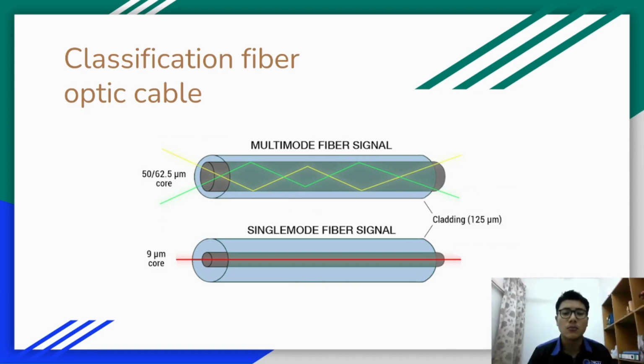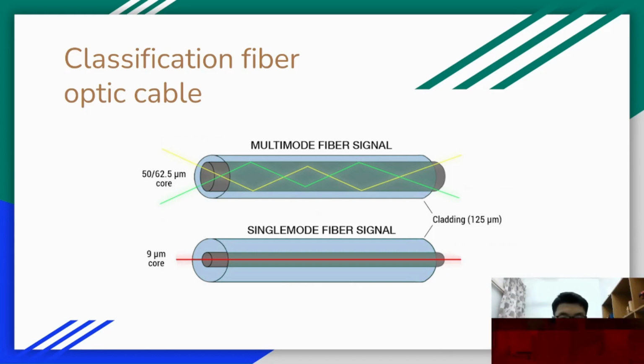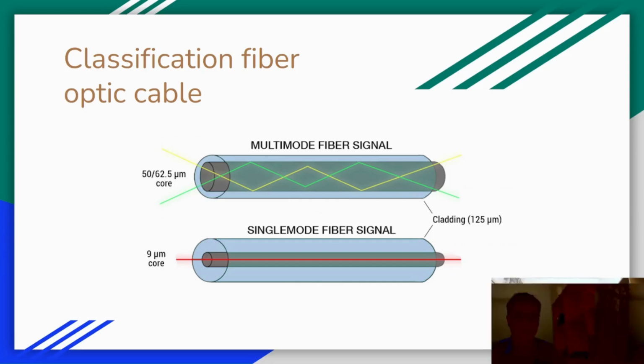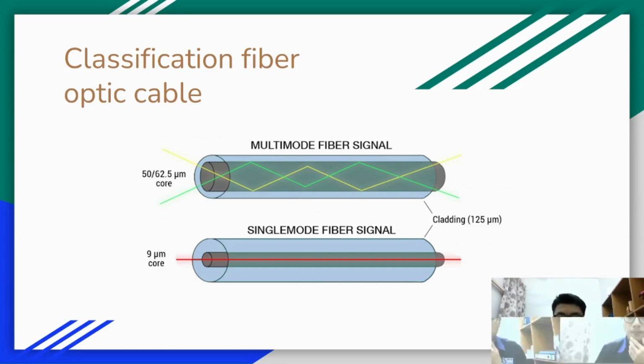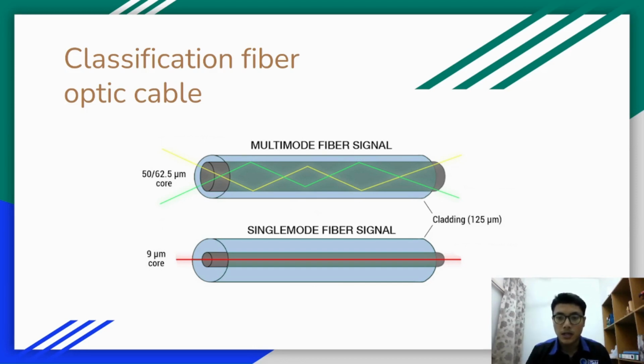Meanwhile, for the single mode fiber, it's a little bit smaller than the multi-mode, which is 9 micrometers for the core. But for the cladding, the diameter is 125 micrometers.